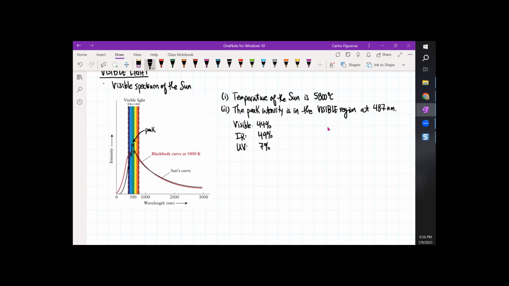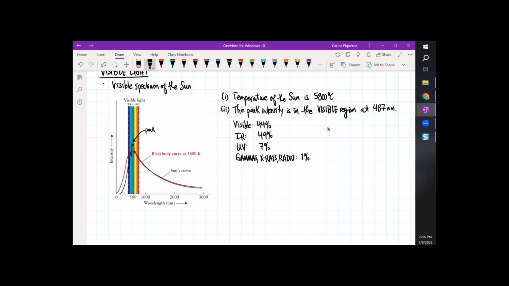The rest of this, all the other ones, gamma rays, X-rays, and radio waves, produce actually less than 1%.